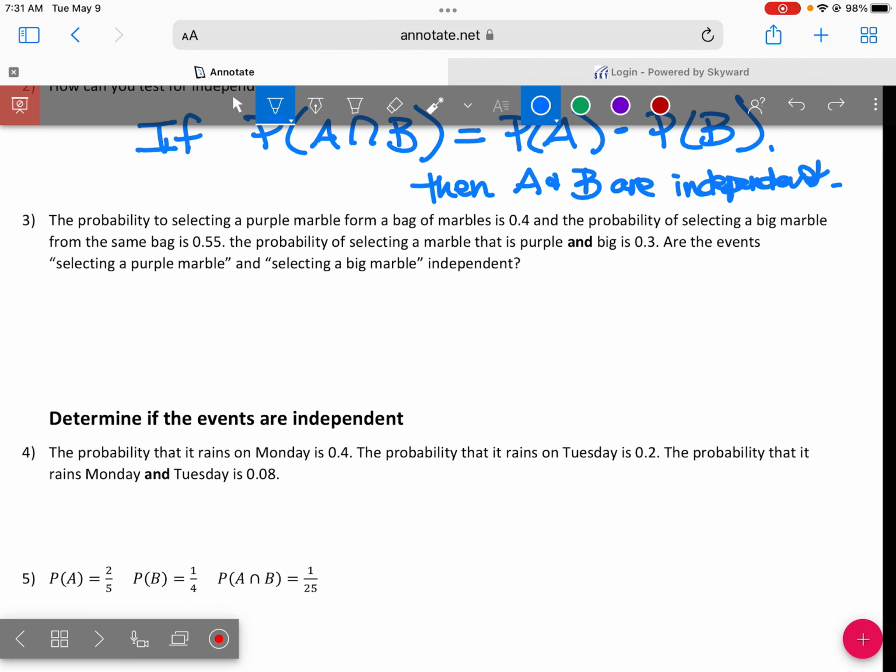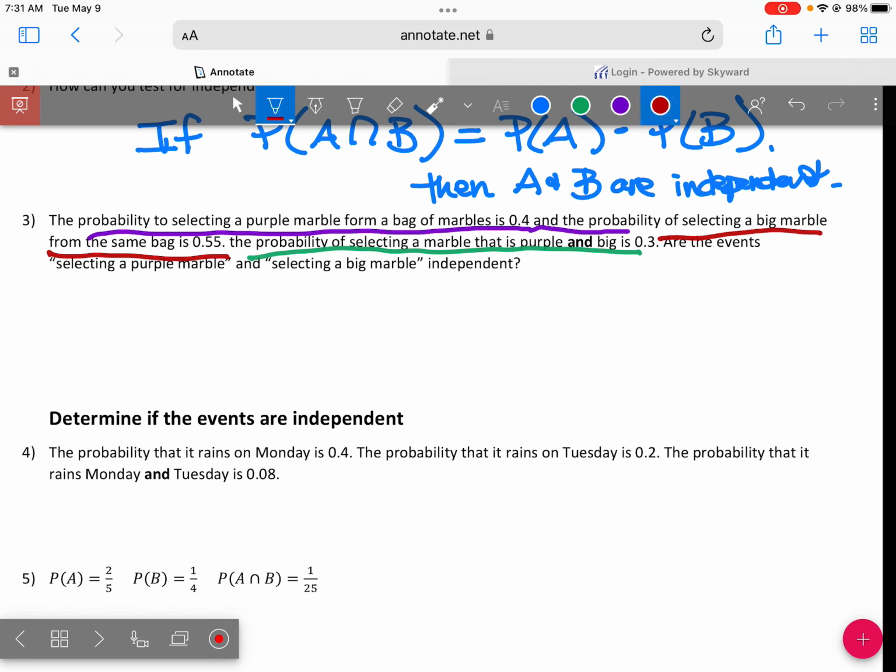All right, so the probability of selecting a purple marble from a bag of marbles is 0.4. The probability of selecting a big marble from the same bag is 0.55. The probability of selecting a marble that is purple and big is 0.3. Are the events selecting a purple marble and selecting a big marble independent?